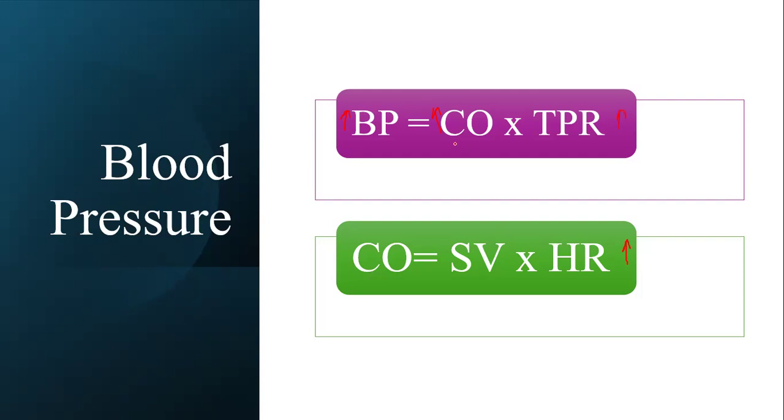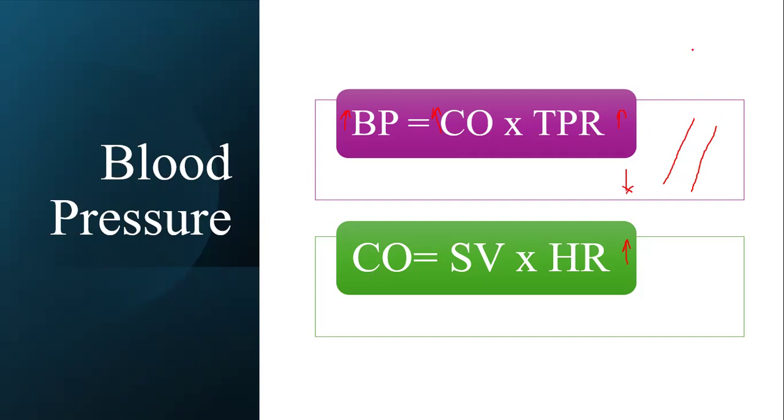So you know very well about cardiac output. Now, what is total peripheral resistance? This is actually the resistance that is created by the blood vessel against the blood ejected by the heart. Let's suppose this is a vessel. If the diameter of the vessel is larger, the resistance will be less, right?